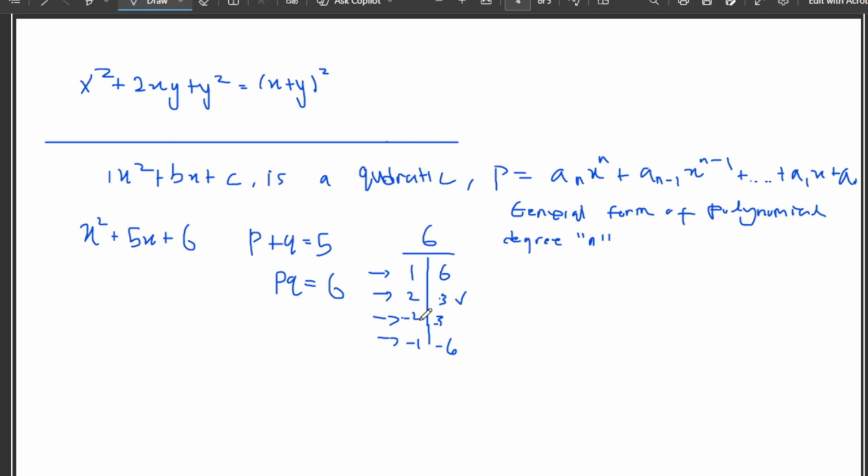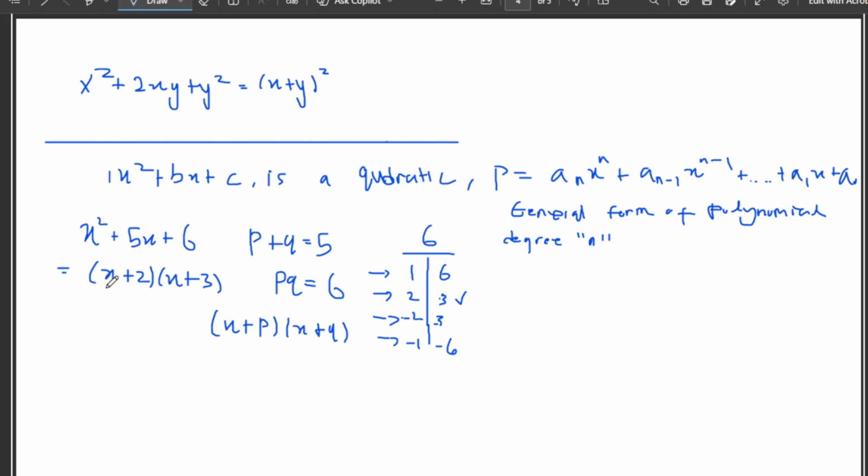Negative 2 plus negative 3 is negative 5, which is not. Negative 1 minus 6 is negative 7. So the final solution must be x plus p times x plus q, which is x plus 2 times x plus 3. That's the final form.